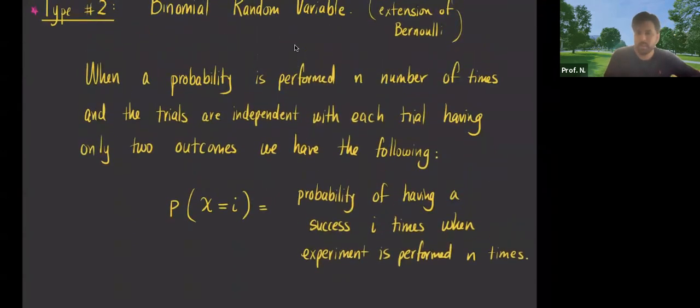So now we care about how many successes. The random variable x is defined as the number of successes given the n number of times that I perform my experiment.